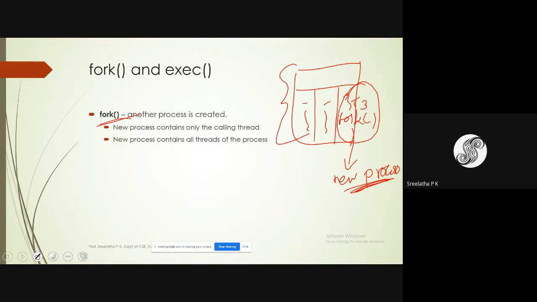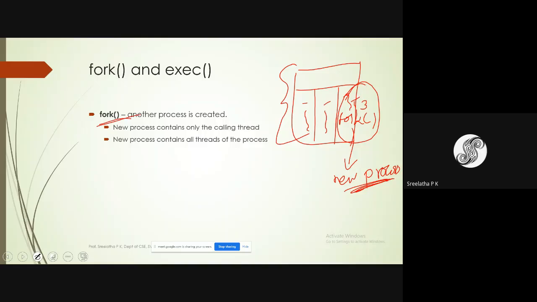Okay, so those are the two options, depending on the design of the operating system: whenever a thread calls this fork system call, how it has to be handled, how the memory has to be divided, and how the copy is made.